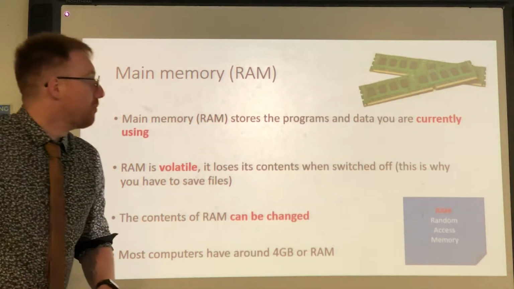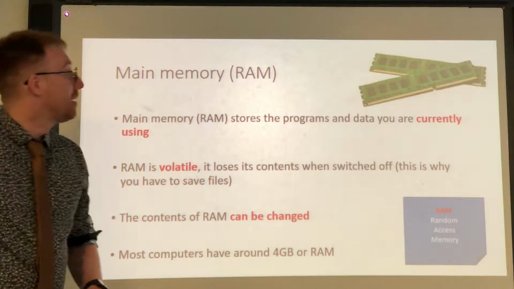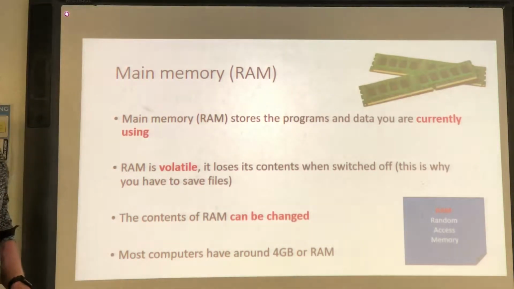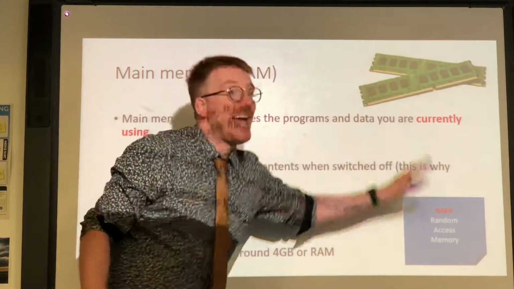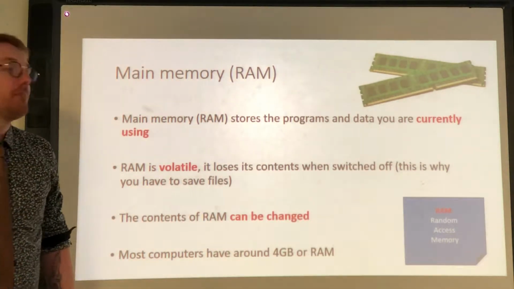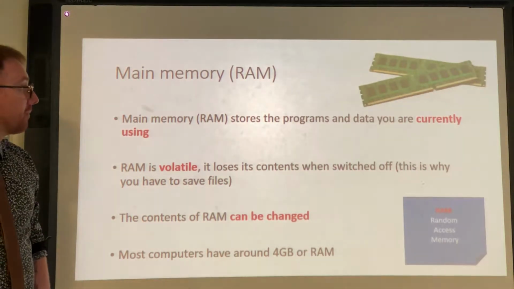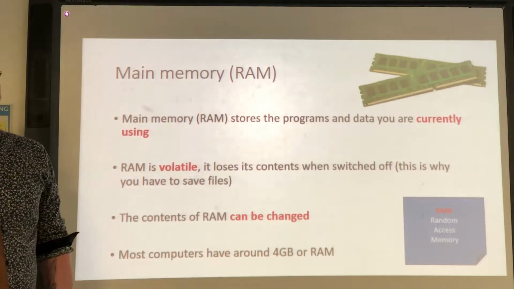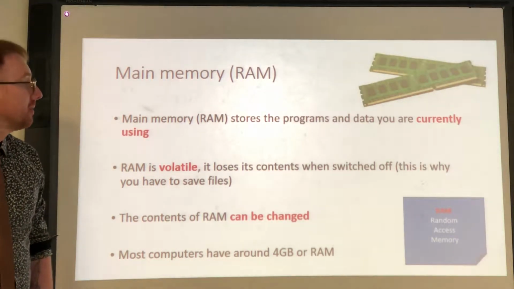So, what is main memory then? Well, the key thing we need to know about main memory is that it stores the programs and the data that you are currently using. So anything that you've loaded into your computer will be stored in main memory as you're using it. The data that you're typing into the program will be stored in main memory as you're using it.